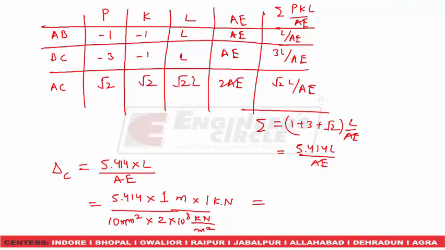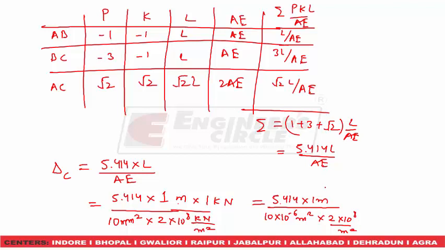Now kilonewton will cancel out, but here we have meter square and mm square. So we should write either these values in mm square or this in meter square. Let us convert this mm square into meter square. So 5.414 into 1 meter, kilonewton gets cancelled out, divided by 10 into 10 to the power minus 6 meter square into 2 into 10 to the power 8, meter square gets cancelled out.